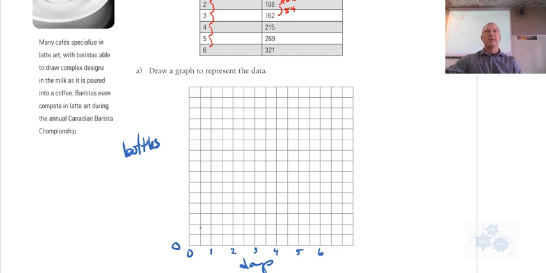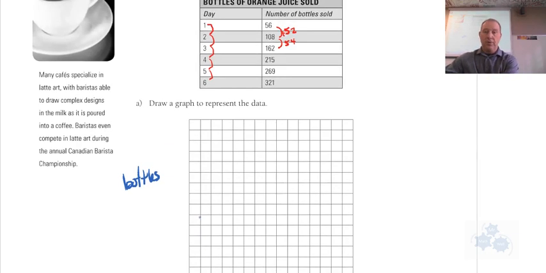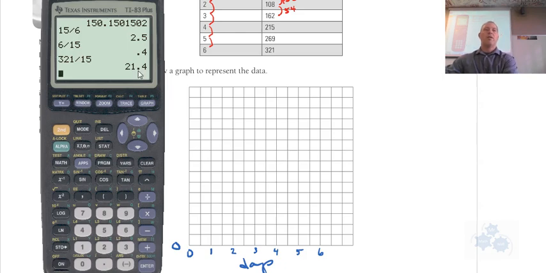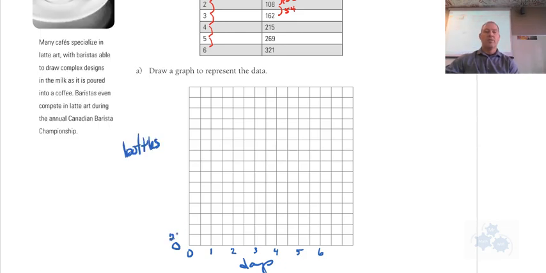So how many bottles per square do I need? Well, 321 divided by 15 squares. So how many bottles per square? 21.4. Okay, so we round that up. We could round that up to 25. So that means that each square should be about 25 bottles.